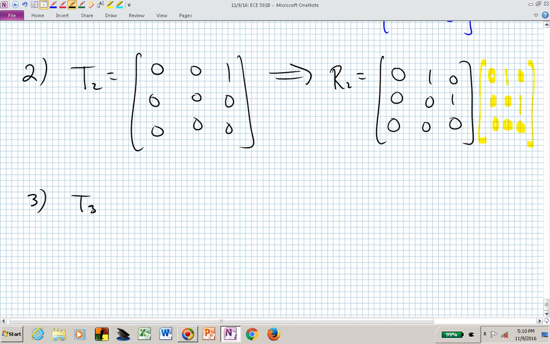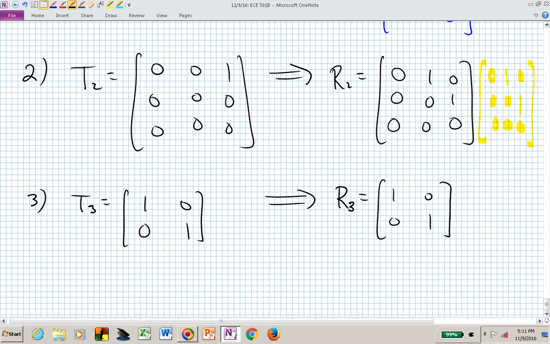What about the following? T sub 3. If you want a gift, I'm giving you a gift if I gave you T sub 3, right? I'll say you're welcome again. That's an identity, right? So R sub 3 is giving us, squaring that gives us T sub 3.